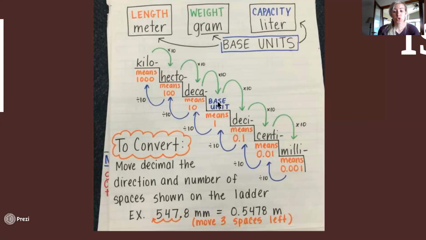If I do that twice, 1 meter times 10 times 10, I will have 100 centimeters.